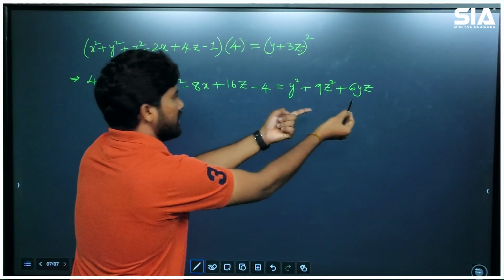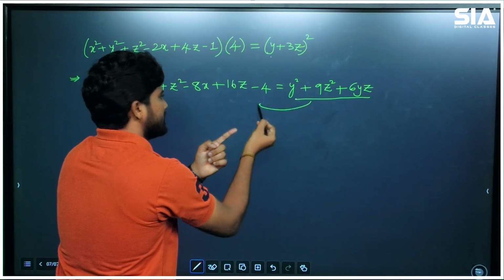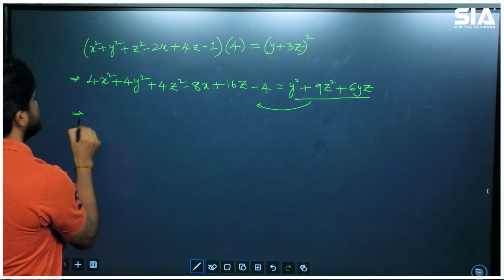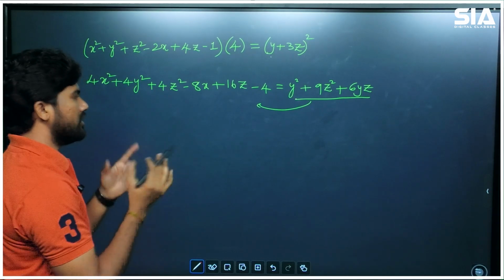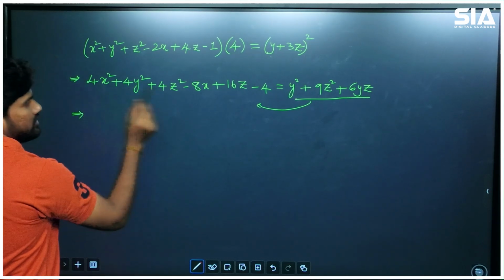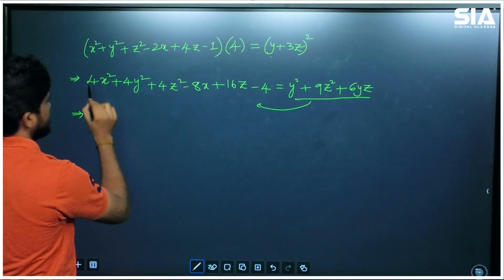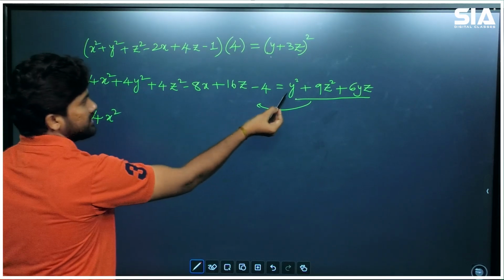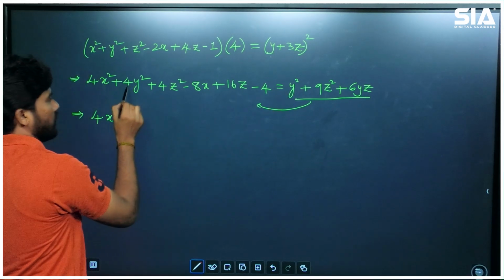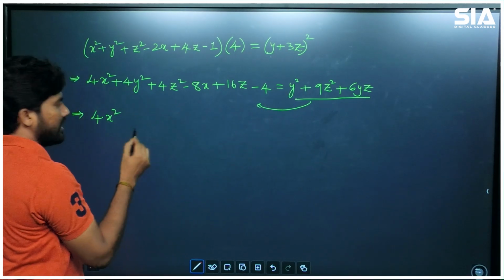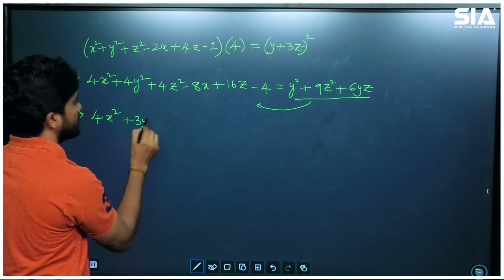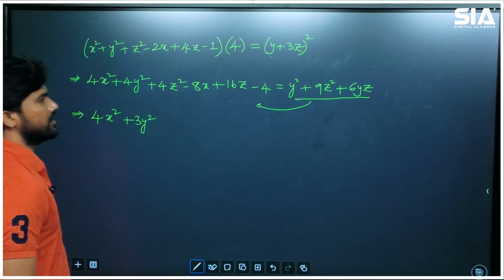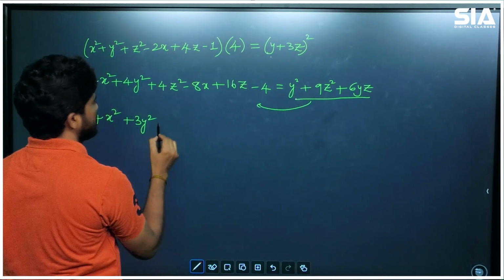Now take all the RHS values to LHS, and if there are any similar terms you can cancel them or simplify. There is no x square term in RHS, so write only the one x square term, that is 4x square. Here the y square term is there, plus 4y square. If you take that y square value to LHS, 4y square minus y square gives 3y square. Next, plus 4z square is there.